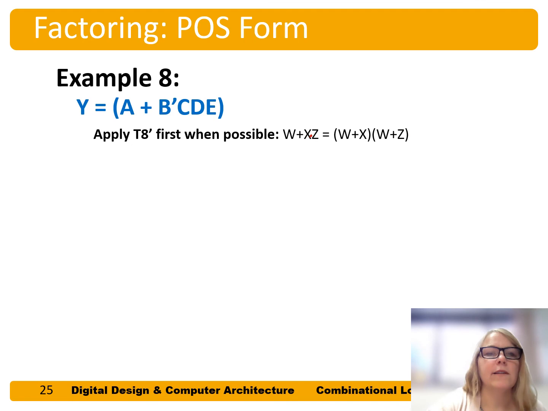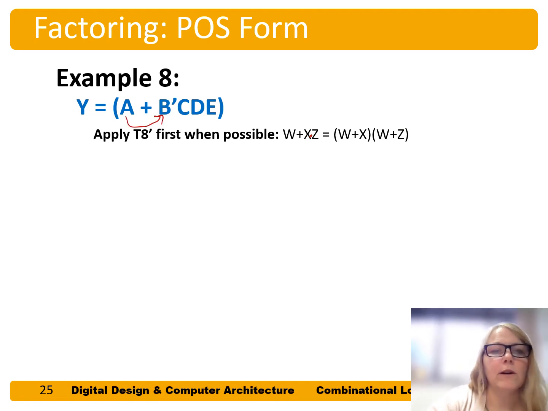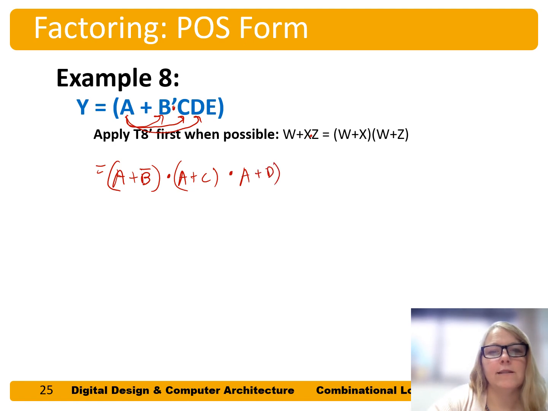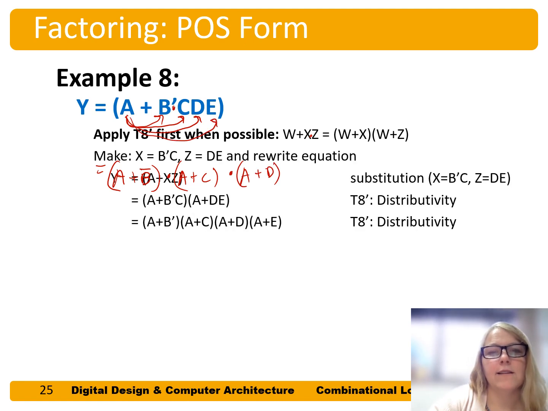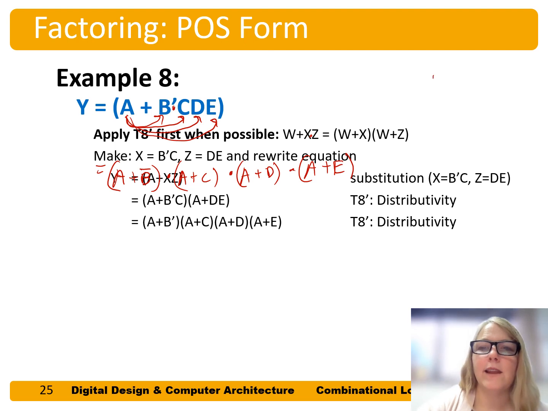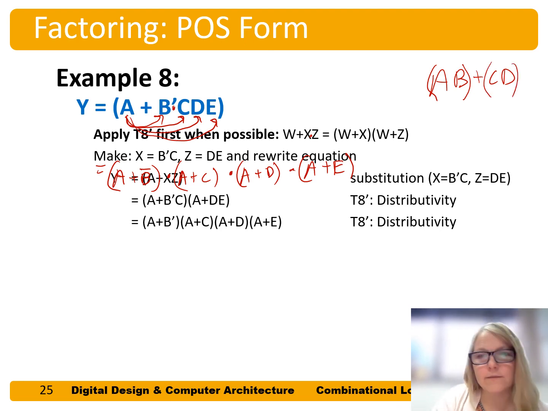So here we have A or B bar, and that's equal to A or B bar, quantity and A or C, quantity and A or D, quantity and A or E. And the parentheses are important because and has precedence, so if we have A, B, or C, D, the and will happen before the or occurs.